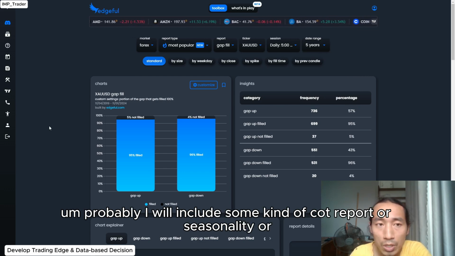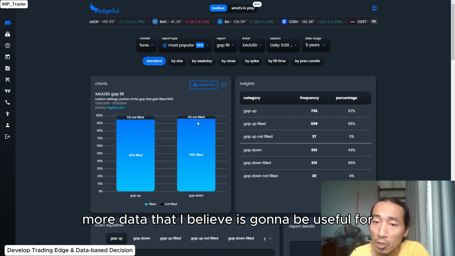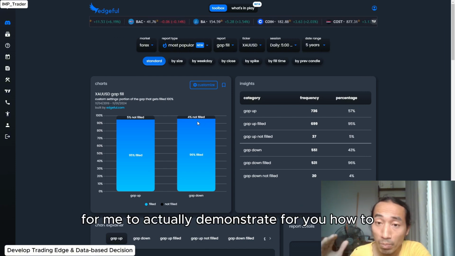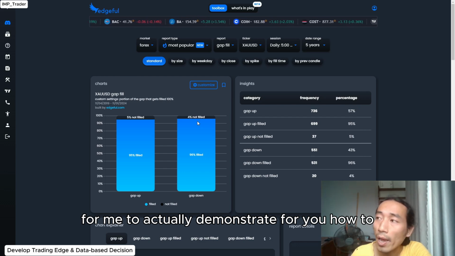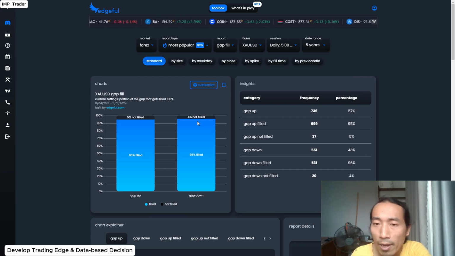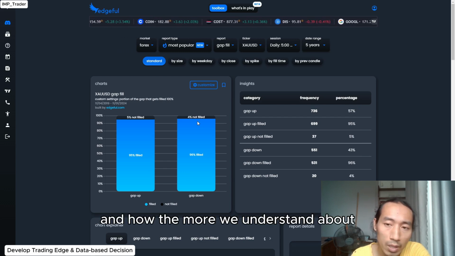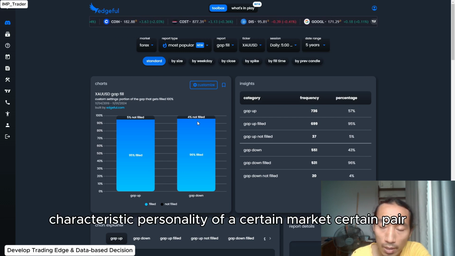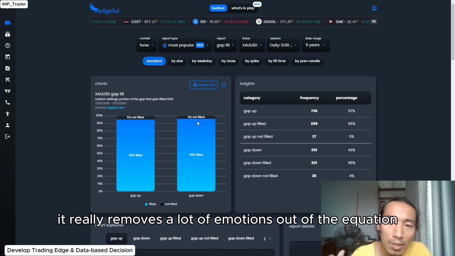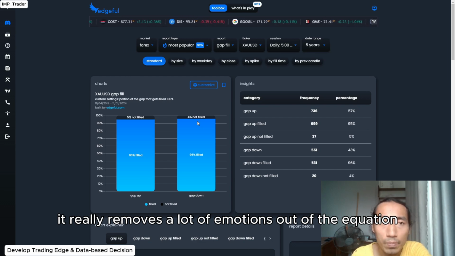Probably I will include some kind of COT report or seasonality or more data that I believe is going to be useful for me to actually demonstrate for you how to have some advantage using data, and how the more we understand about the characteristic personality of a certain market, a certain pair, it really removes a lot of emotion out of the equation.